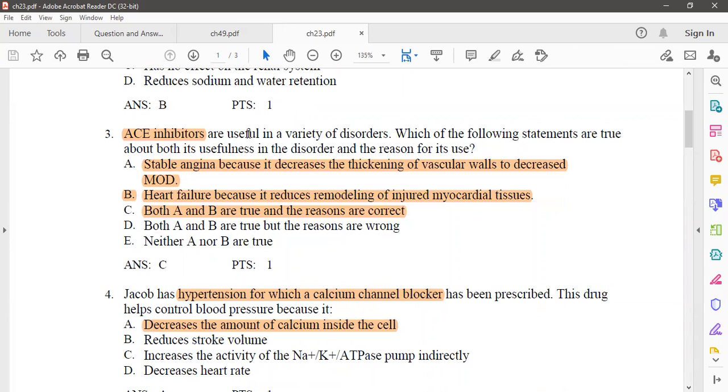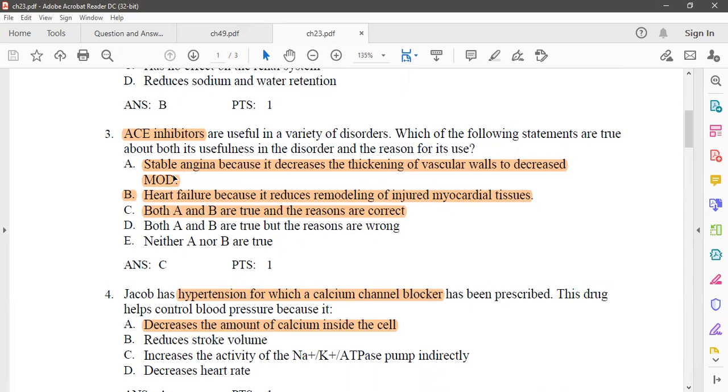ACE inhibitors are useful in a variety of disorders. Which of the following statements are true about both its usefulness in the disorder and the reason for its use? They said choice C, both A and B are true and the reasons are correct. ACE inhibitor is useful in a variety of disorders.